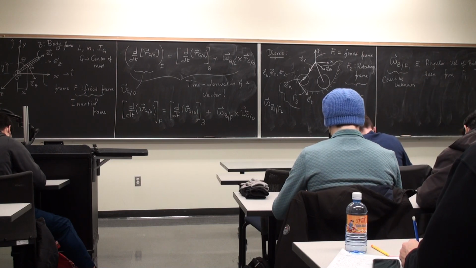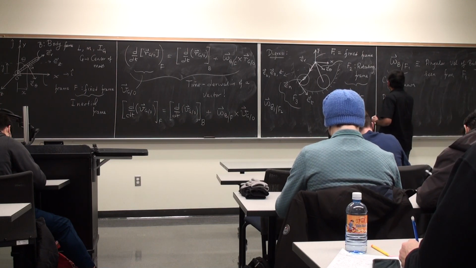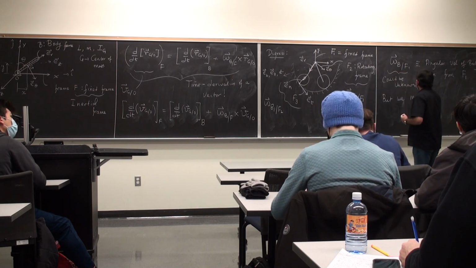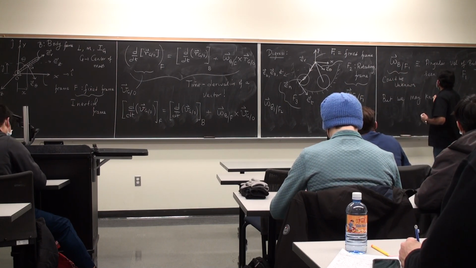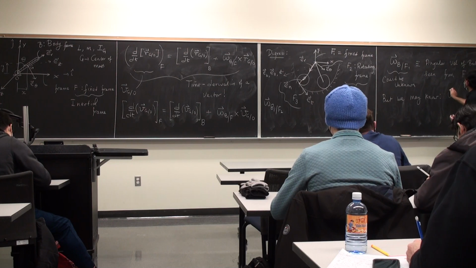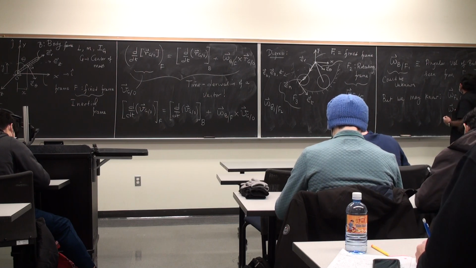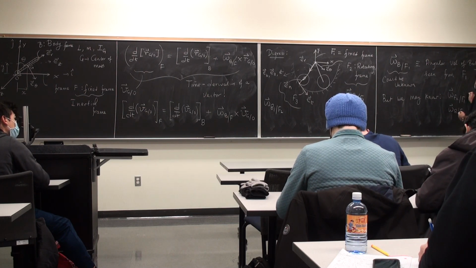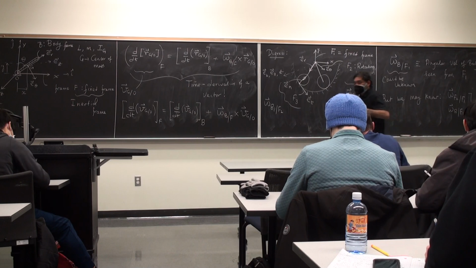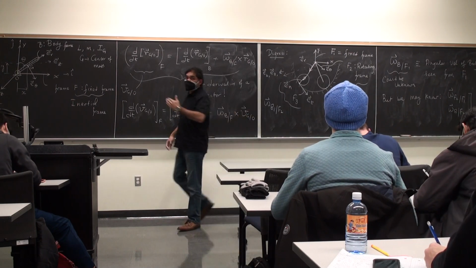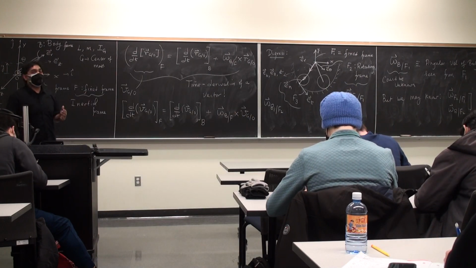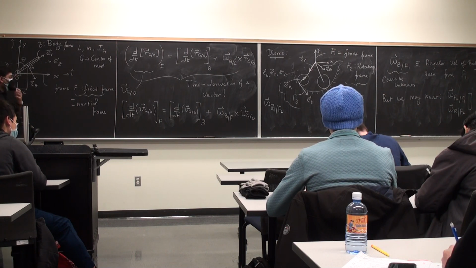But what could be known? F2 with respect to F1, omega B with respect to F2. How is the coin spinning with respect to F2? How is this radial line changing with respect to F1? Those are quantities that we may know.